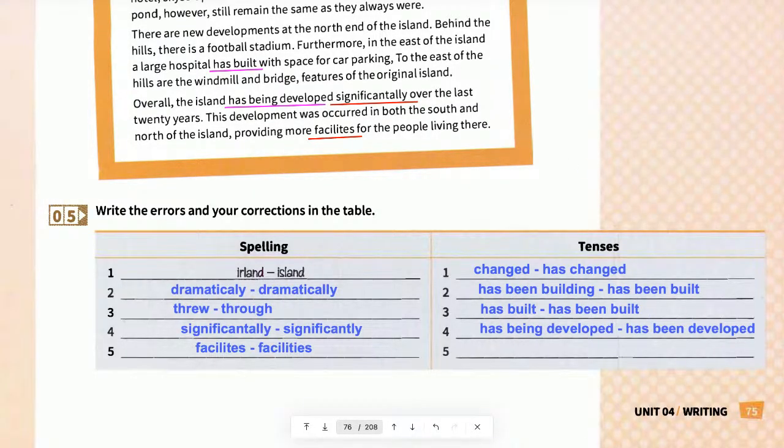Now, one more. Yeah, "was occurred." It sounds strange, right? "Was occurred." What is that? "This development was occurred."